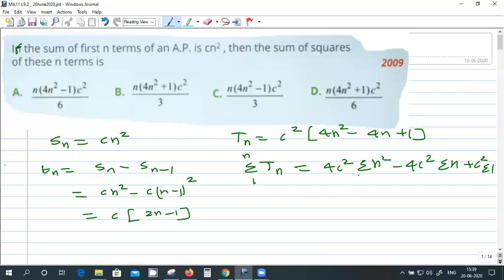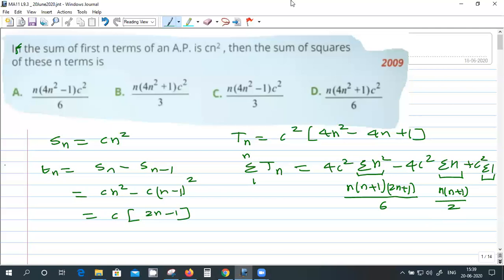So what is this thing equal to? This is a standard thing: n into n plus 1 into 2n plus 1 by 6. This is a standard result. And summation of n is how much? This you should know. n into n plus 1 by 2. And what is summation of 1?